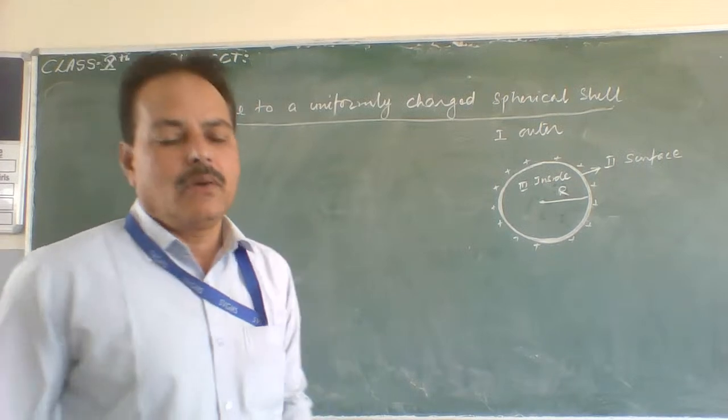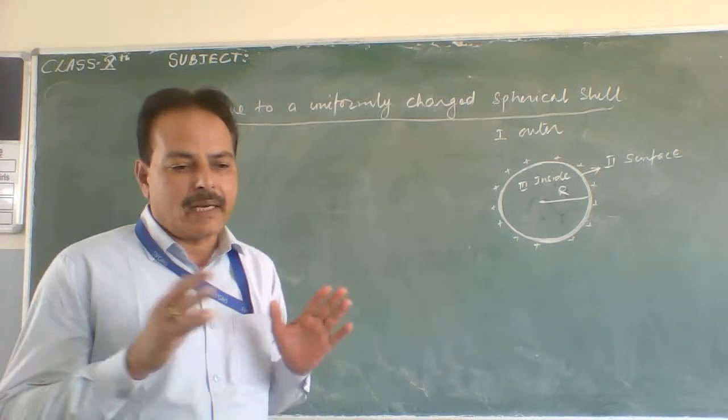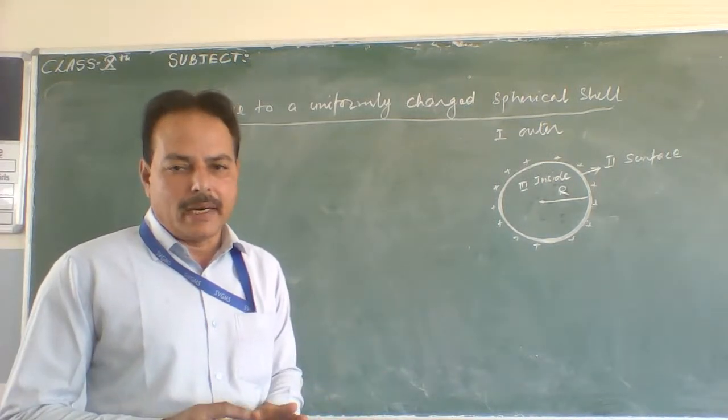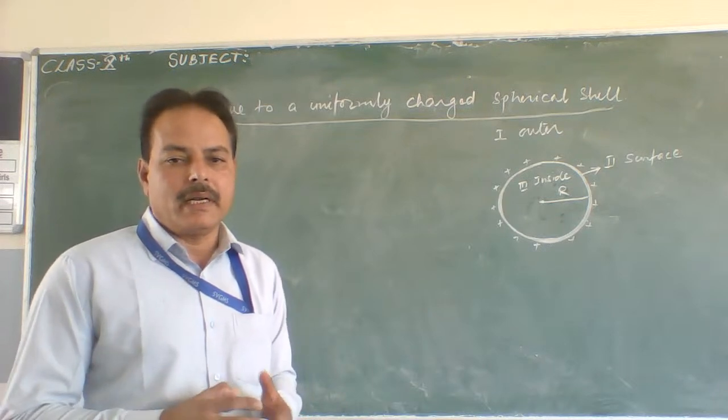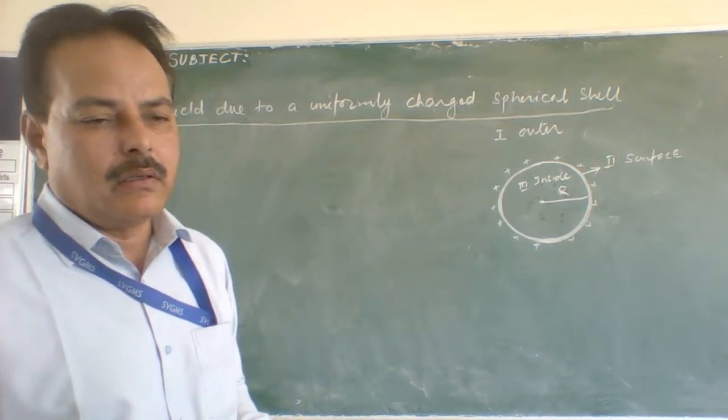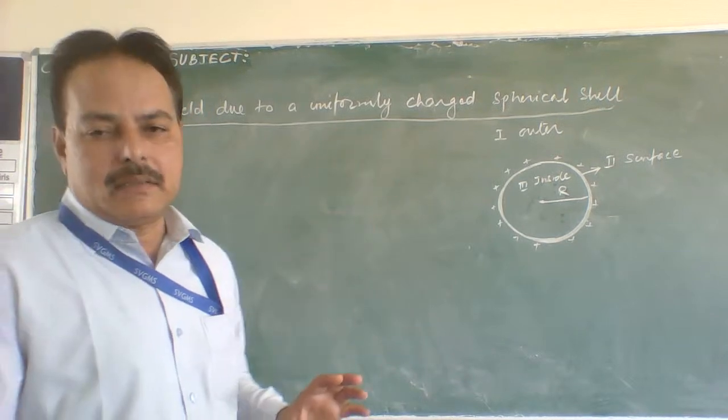For that purpose, we have to divide this into three parts and calculate the electric field intensity with the help of Gauss law for all three parts separately.